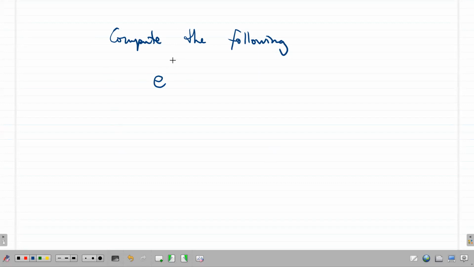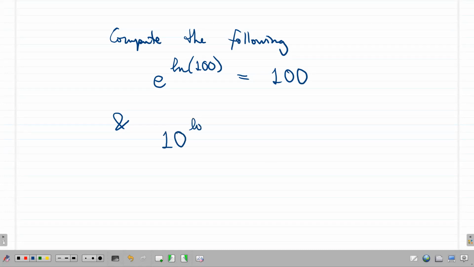If I compute e raised to the power log of 100, I expect the answer 100. Likewise, if I take 10 and I raise it to the power of log of 100, log of 100 to the base 10 is equal to 2, so that should be 10 squared, which is 100 back at you.